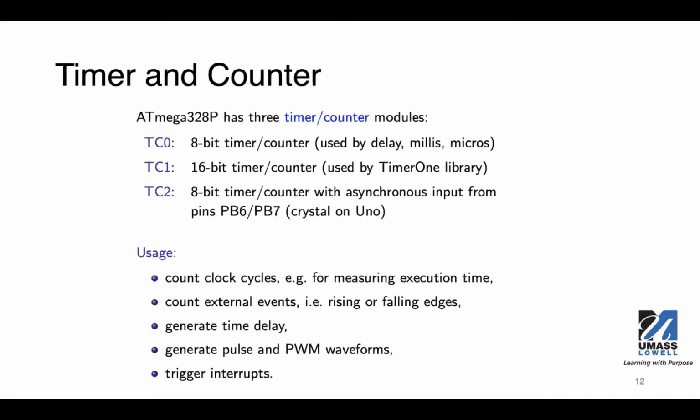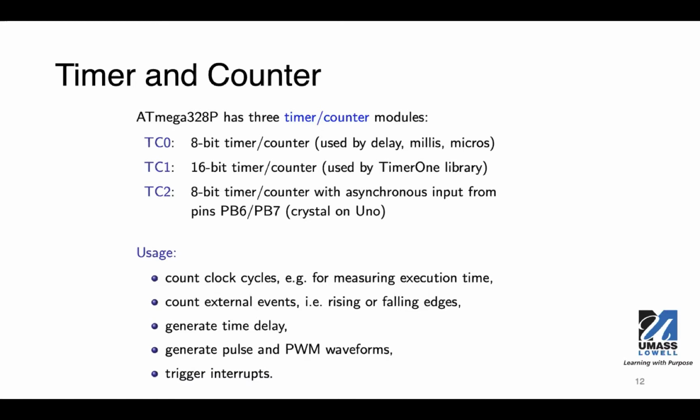You will find timers and counters in almost all the microcontrollers that you will use, and they are useful, of course, for time-related functions, for counters, and in some cases for generating timer interrupts or PWM waveforms.